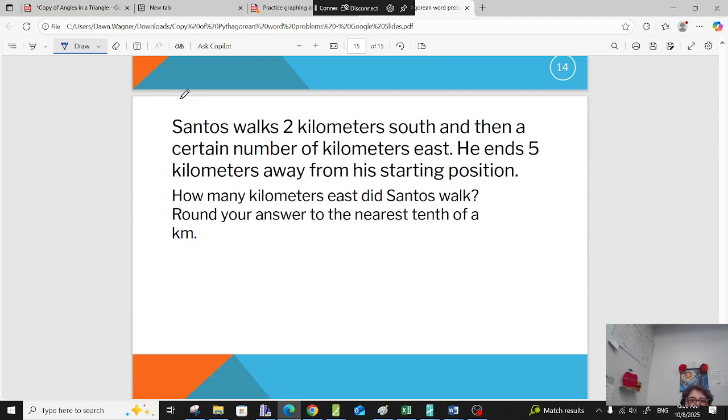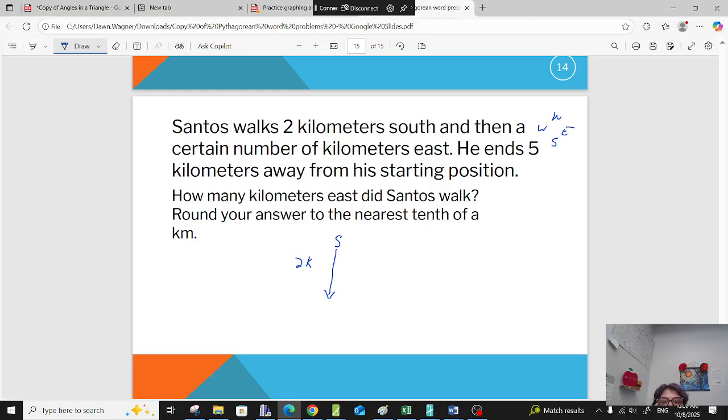Okay, here's Miss Connie's class. This is physics. Santos walks 2 kilometers south. So if Santos is here and walks 2 kilometers south, south is this way, right? And then a certain amount of kilometers east. Let's say north, south, this is west, this is east.